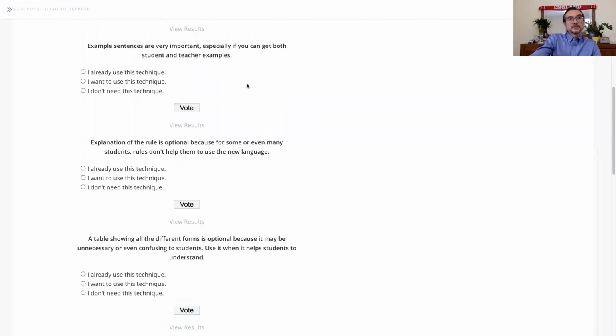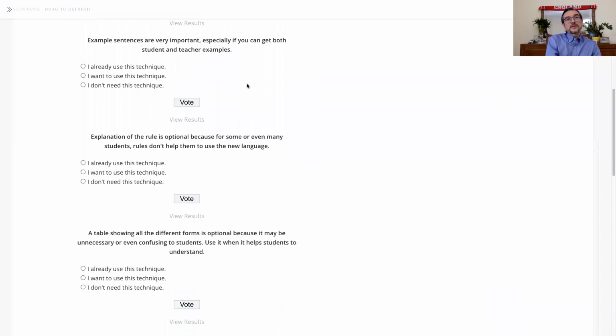Okay. Example sentences are very important, especially if you can get both student and teacher examples. Absolutely. I already use this technique. I'm constantly listening, thinking about the students' lives, what's interesting for them, like part-time jobs for university students.